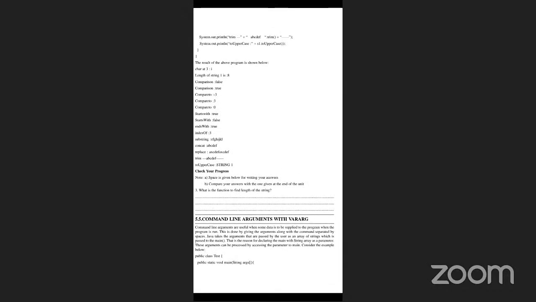Next, command line argument. What is meant by command line argument? Giving arguments to the main method at runtime. That is what command line argument is. Here we have argc and argv. Argc tells the number of arguments you want to give to the main.